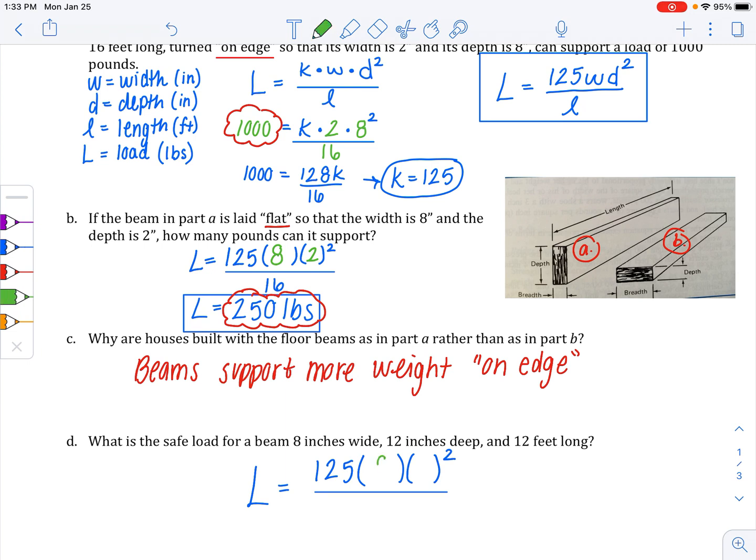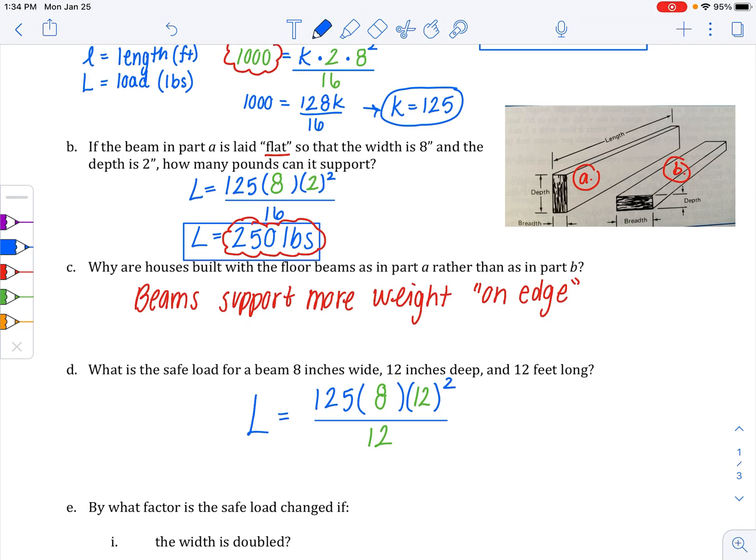Our width is 8, depth is 12, which is being squared, and 12 feet long. Just type it in your calculator. You'll see that it's 12,000 pounds. So that holds a lot. That's really important. We want it to hold as much as possible if it's your house.